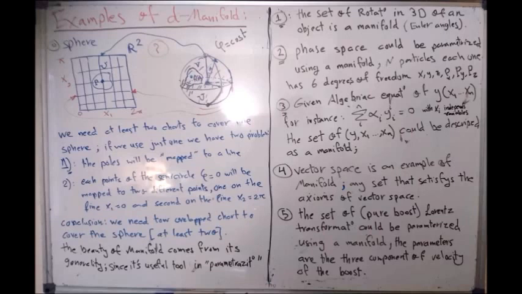Because we have two specific problems. The first is on the pole of the sphere. This pole will be "mapped," between brackets, to a line, which is x2 equals p. And the other pole, the south pole, will also be mapped to the line x2 equals 0.